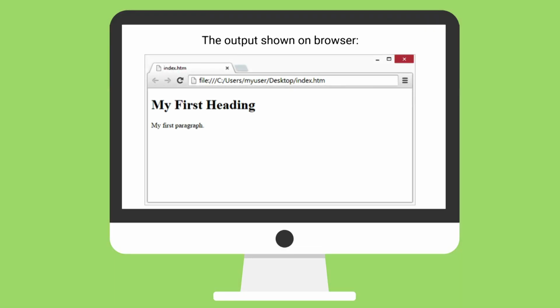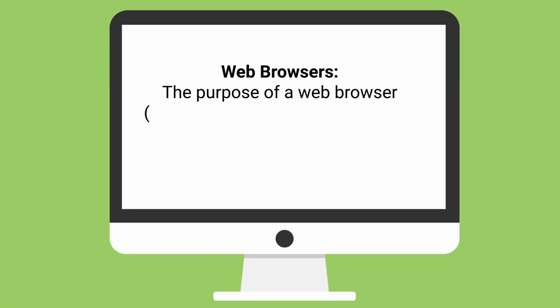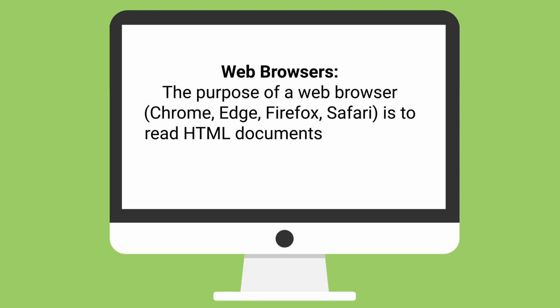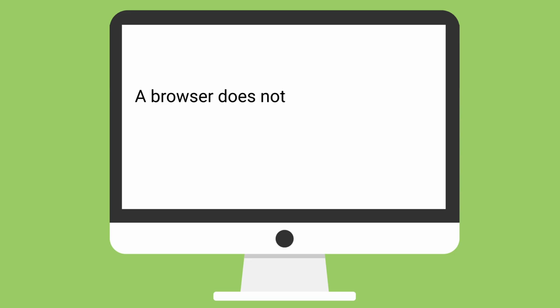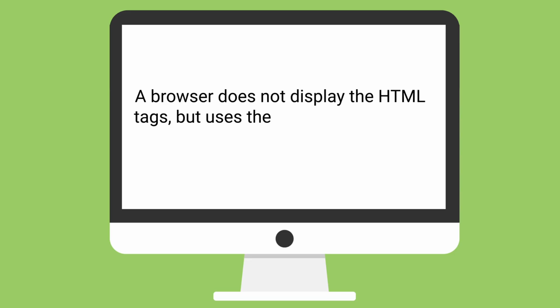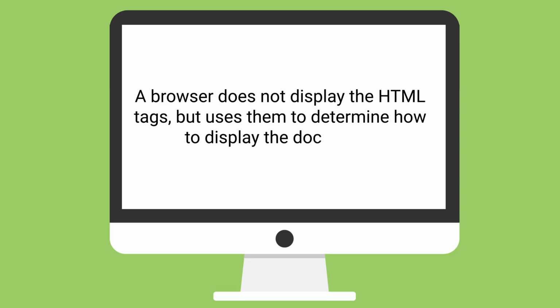Whenever we run an HTML script, we need a web browser. It may be Chrome, Edge, Firefox, Safari or maybe Internet Explorer. The purpose of the web browser is to read the HTML documents and display them correctly. A browser does not display the HTML tags, but it uses them to determine how to display the document.